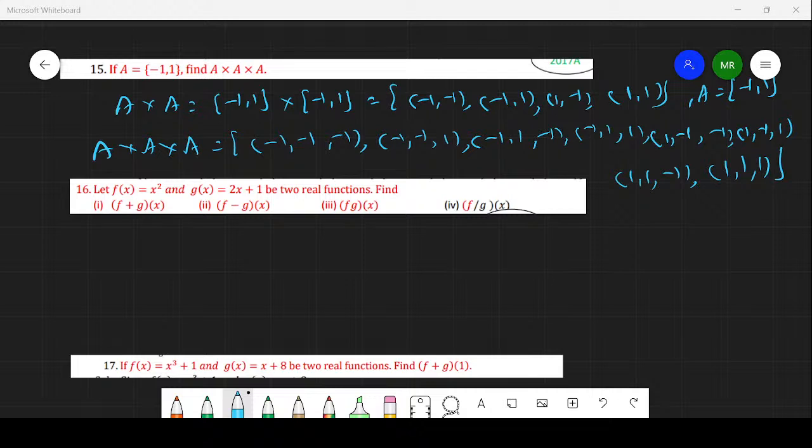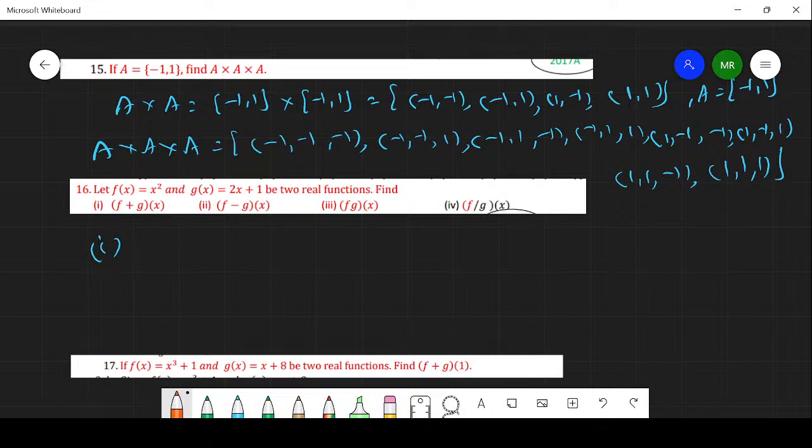Now see that. f(x) equals x squared, g(x) equals 2x plus 1, be two real functions. Find (f plus g)(x), (f minus g)(x), (fg)(x), and (f by g)(x). See the first one.